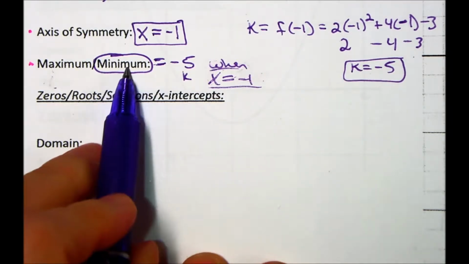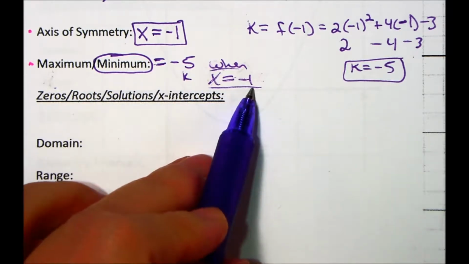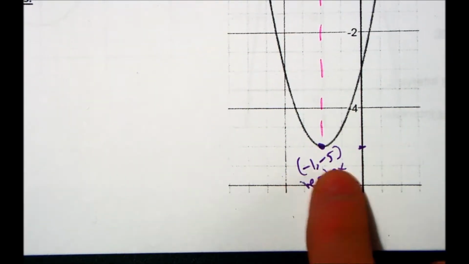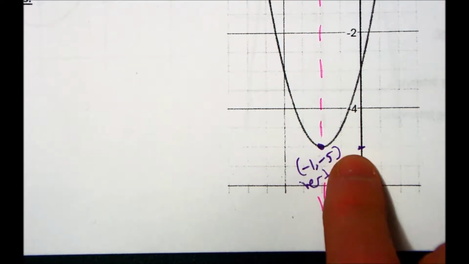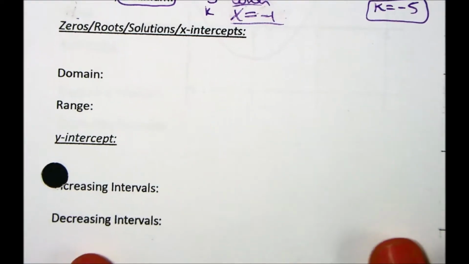So you'll have a minimum value of -5, that's the y coordinate, when x equals -1. And that's the x coordinate of your vertex. Alright, so once again, the parabola has a minimum value of -5, so the -5 is the lowest y coordinate when x equals -1. Alright, moving on.